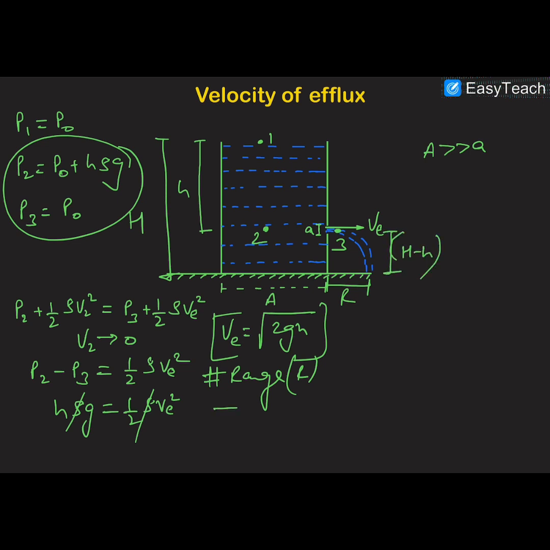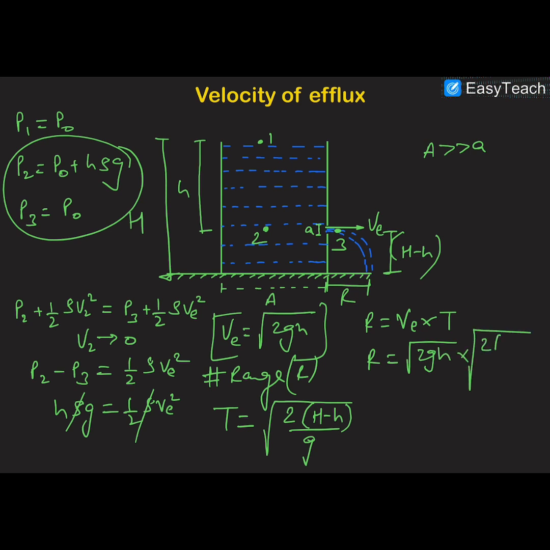If we find the time of flight of this stream, which means the time in which this stream will touch the ground, it will be the square root of 2 into (H minus h) by g. And range is obviously velocity of efflux into time of flight. So range will be equal to the square root of 2gh into the square root of 2 into (H minus h) by g. So the range will be 2 square root of h into (H minus h). This is the value of the range.